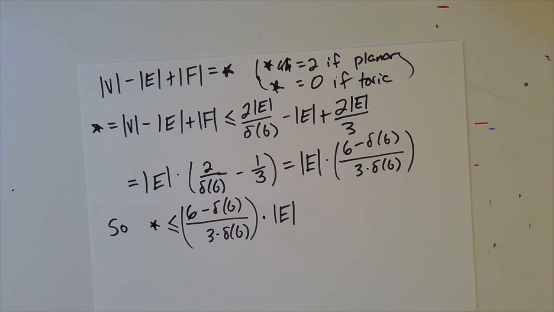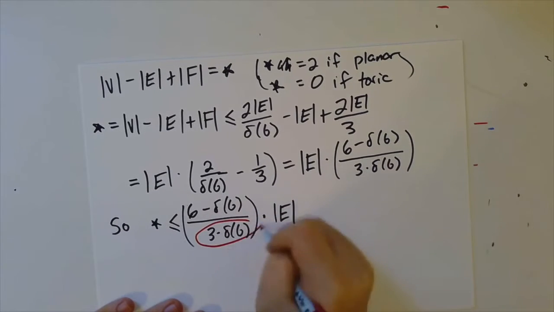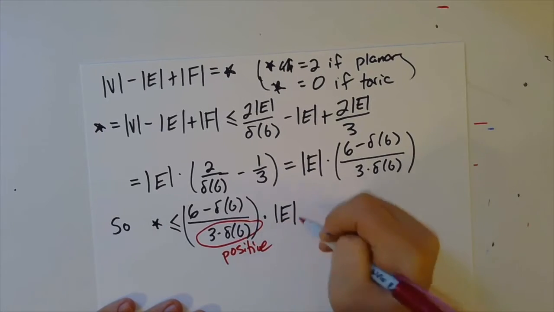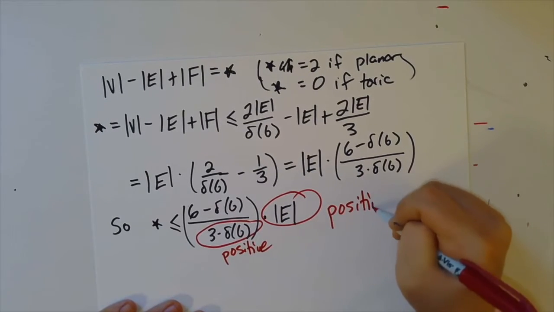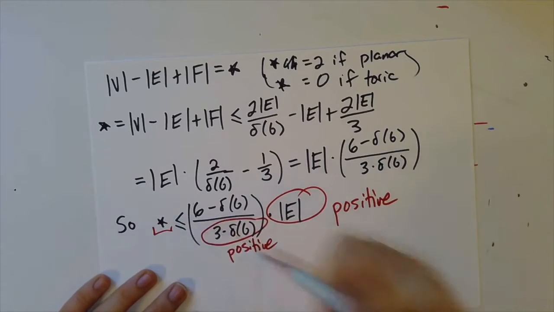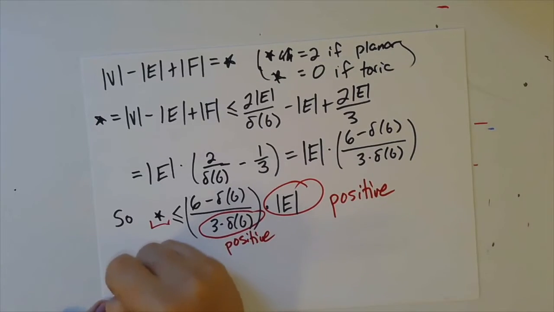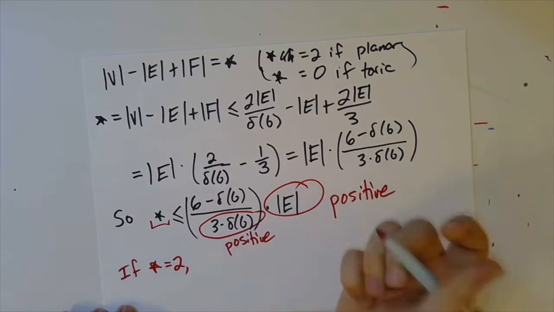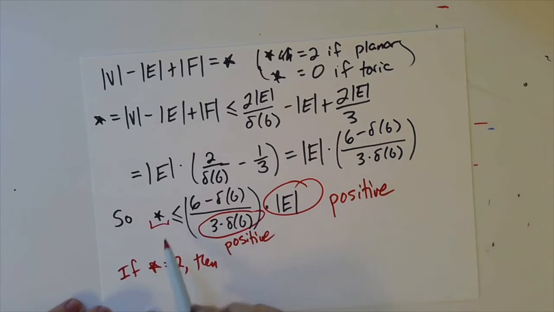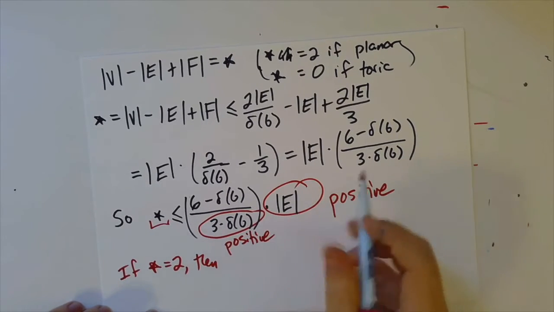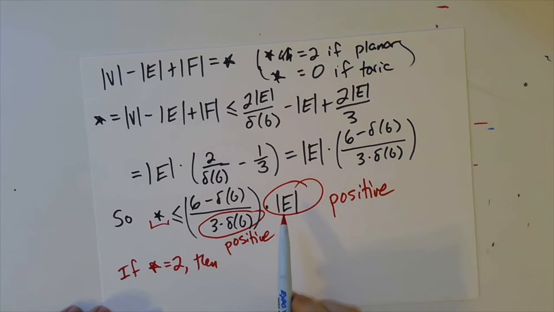Okay, now, how can I get any information out of this? Well, this thing here is positive. This thing here is positive. And this thing over here, depending on whether we're in the case of the torus or the planar, it's either positive, in which case it's 2, or it's 0. Okay? And so if asterisk is 2, then this thing is positive, and so then this side must be positive, because it's bigger than a positive number.